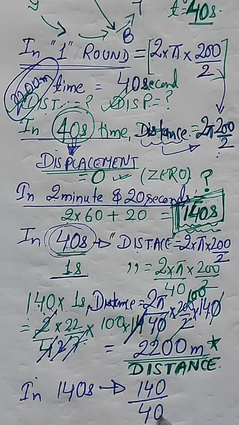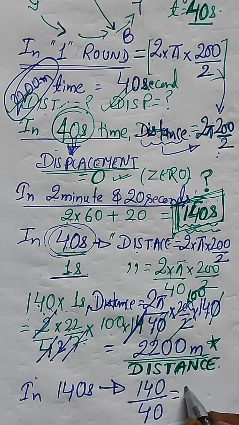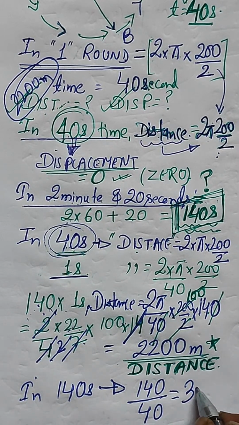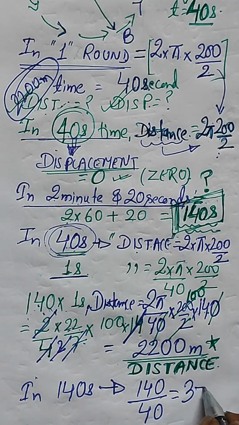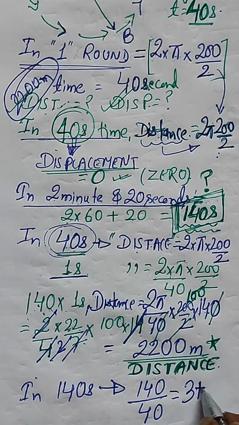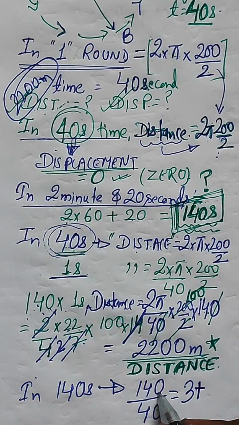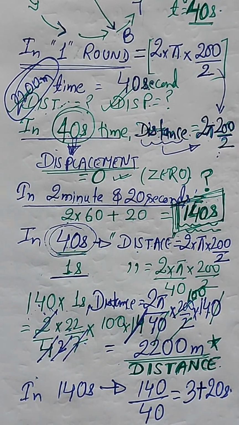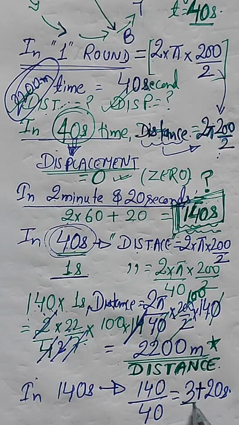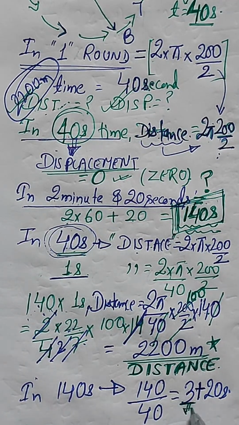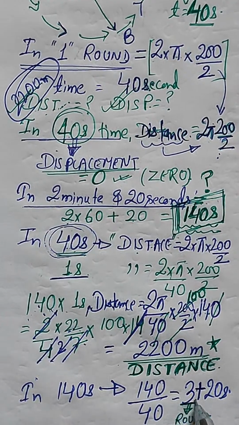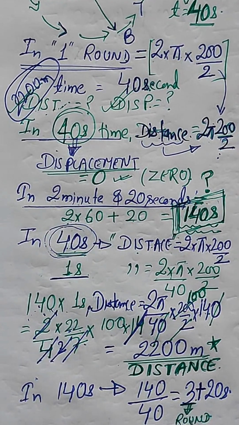So it will be coming as 3, with 120 as the remainder. So 3 rounds will be completed in 120 seconds, and 20 seconds will be left, isn't it?